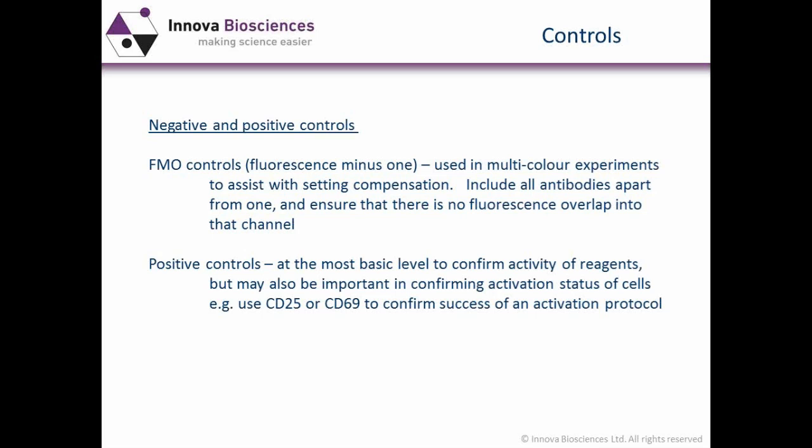But if you're looking for activation markers, you may need to be convinced that your cells have been actually activated in the way that you would expect. So you might want to use a broad activation control to show the activation status of the cells. For instance, CD25 or CD69 can be used as activation markers to show that cells have been activated as you expect them to have been in the earlier parts of your experimental protocols.